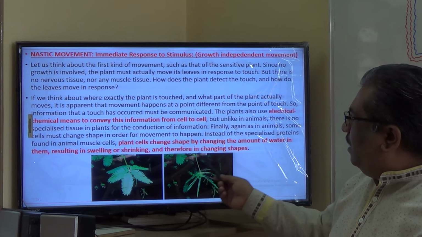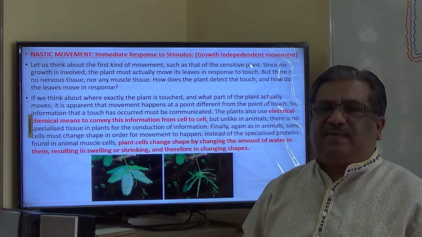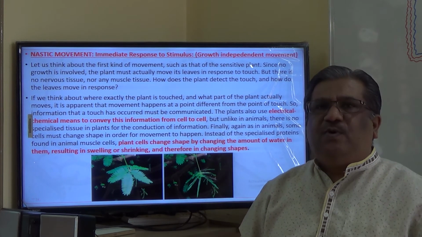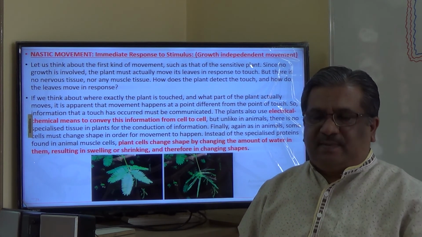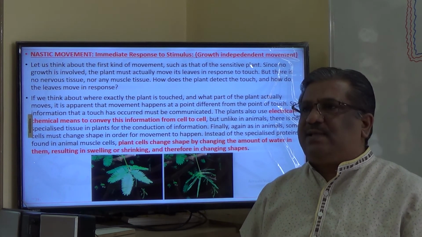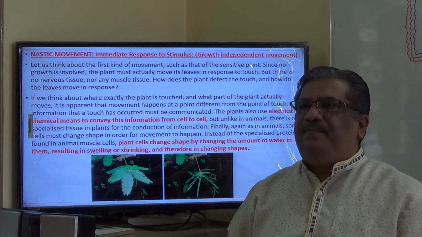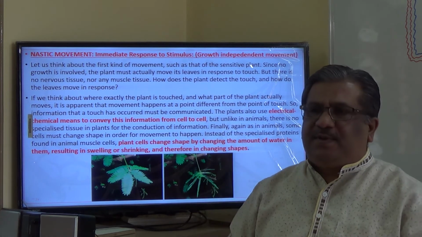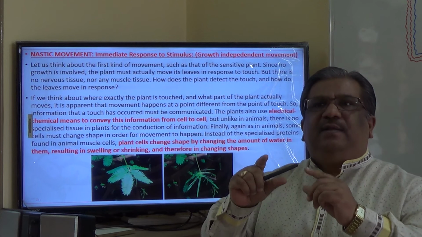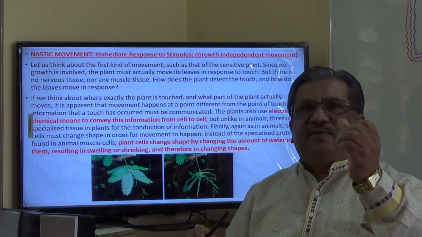The folding and once again opening of the leaves after some time is due to change in shape of the cells. Unlike in human beings or animals, where you find special proteins present in the cells which change their shapes and the arrangement, thereby resulting into the contractions of the cells.